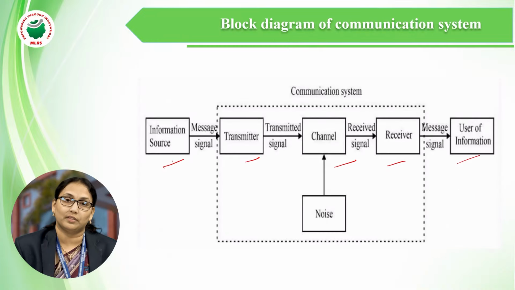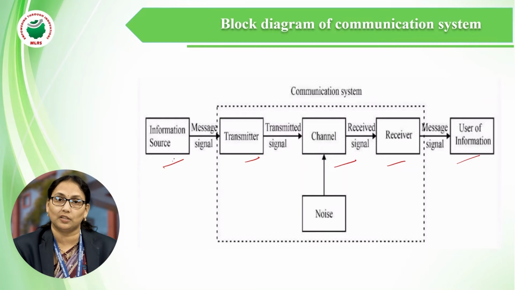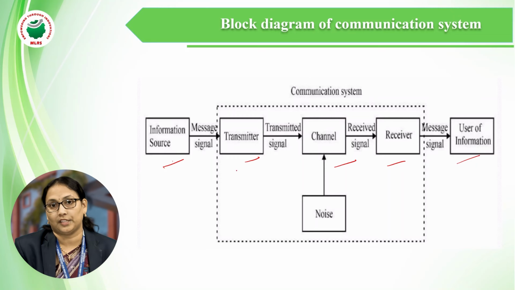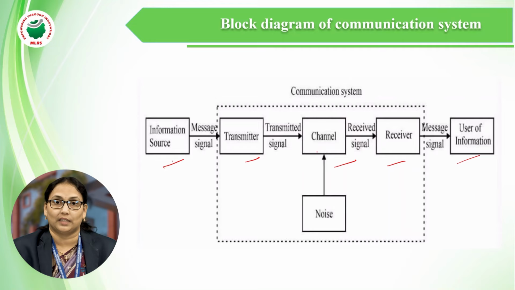So whatever information is available in the information source is transmitted to the transmitter. In the transmitter block, the received signal is changed to a suitable form and then it is transmitted to the channel. So in the transmitter, we'll have some modulators.